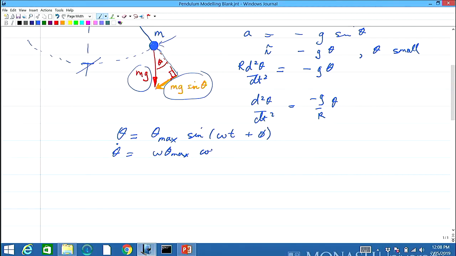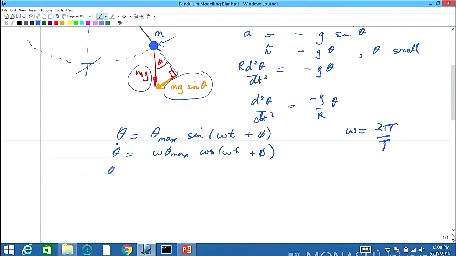times cosine of omega t plus phi, where omega is 2 pi radians per period T. So that's standard format that you would have seen in other signal processing and communication systems.